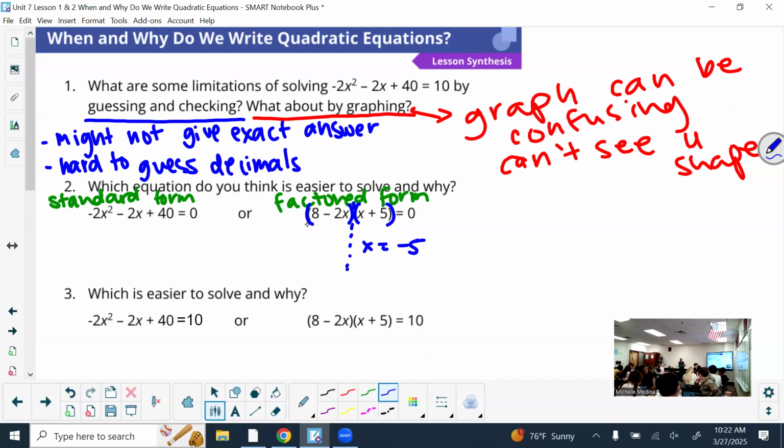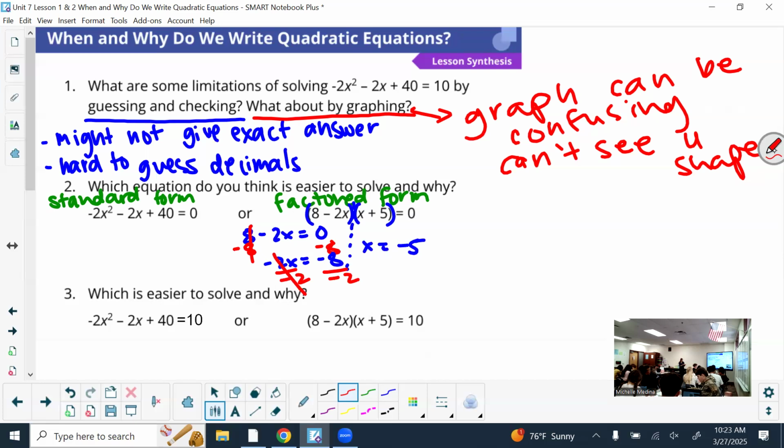This one over here is not as easy to see, or maybe it's easy for you. But if I had to figure out what x has to be to make it 0, I could just set it equal to 0 and solve. That would be subtracting 8 on each side, dividing by -2 on each side.